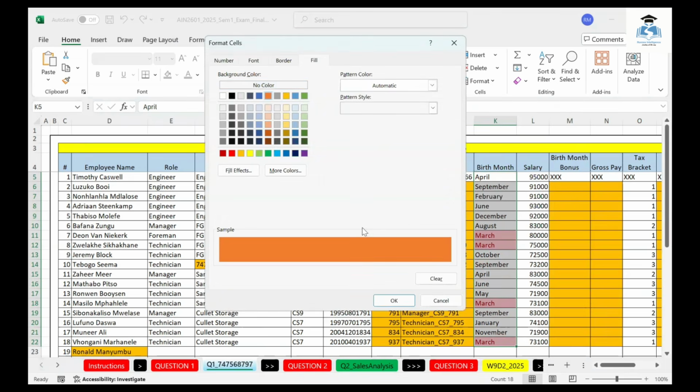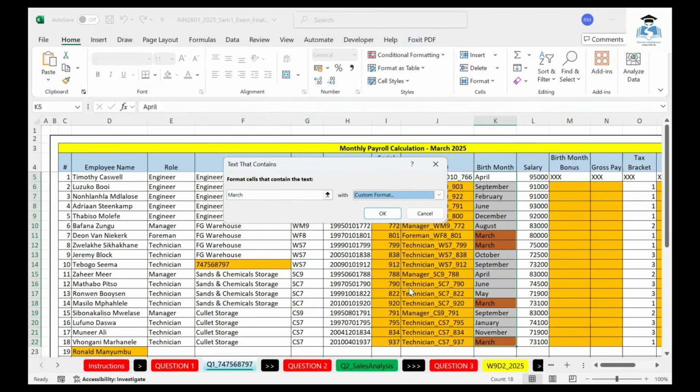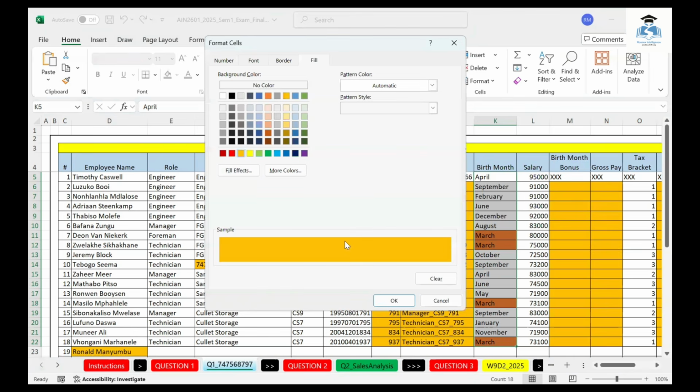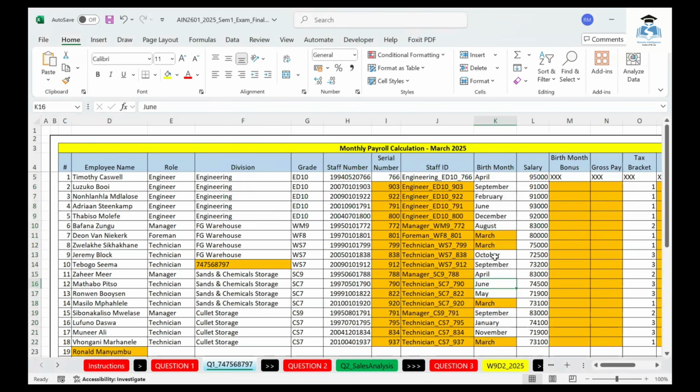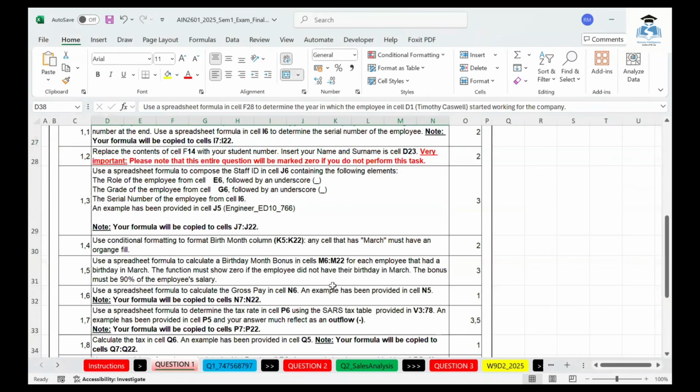This is the color, the orange. Yes, I guess so. Then you click OK. That's it. Yes. How many marks do you have now? 9.